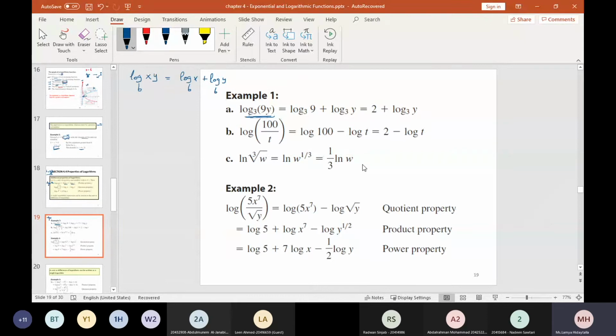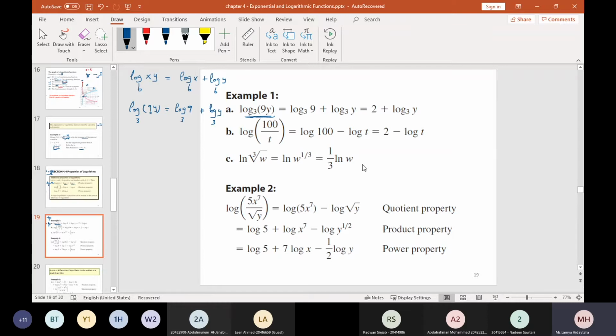So we have log 9y to the base 3, which equals log of the first to the base 3 plus log of the second to the base 3. The first is 9, plus log of the second, which is y.